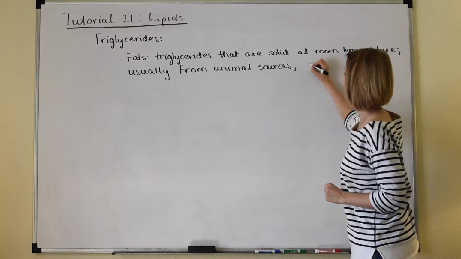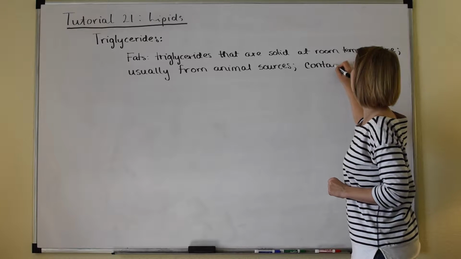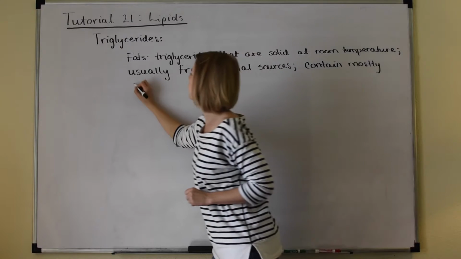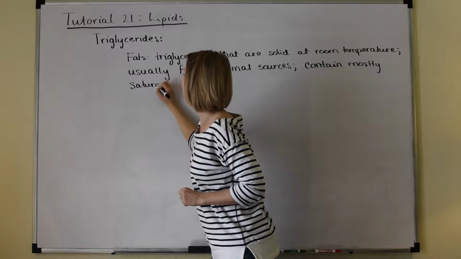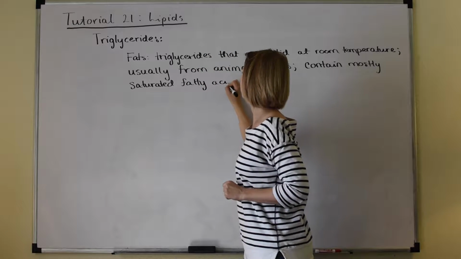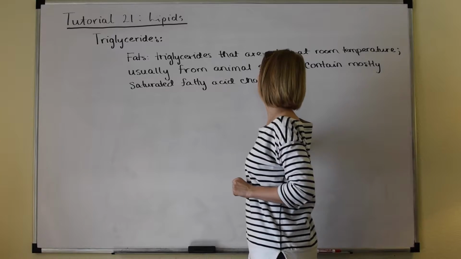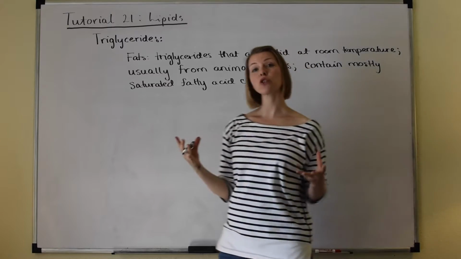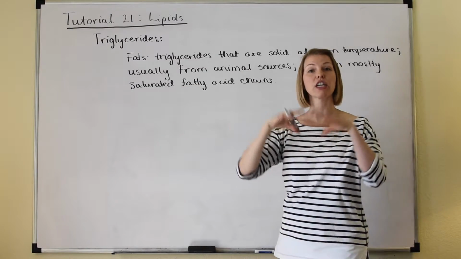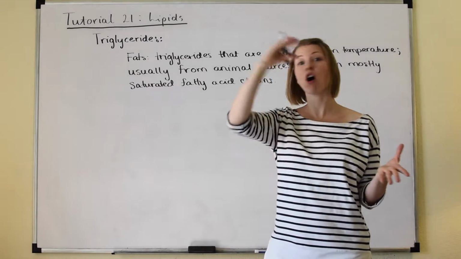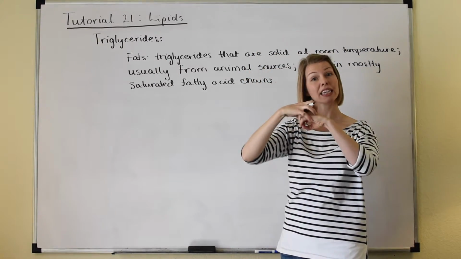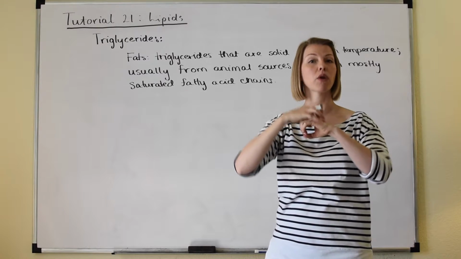Okay, so it's right here, contain mostly saturated fatty acid chains. And those saturated fatty acids, because all of the carbon-carbon bonds are going to have the same molecular geometry, we're going to have all the same bond angles, 109.5 degree bond angles, they can stack together, they can nestle together more easily.